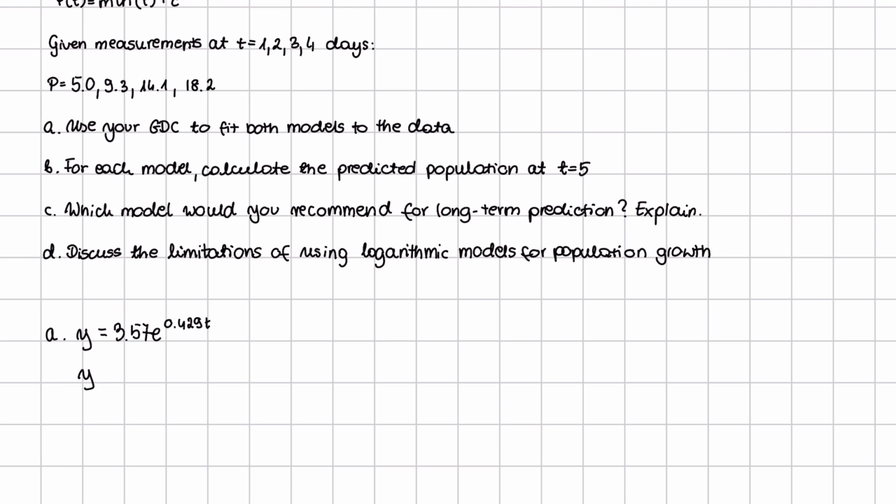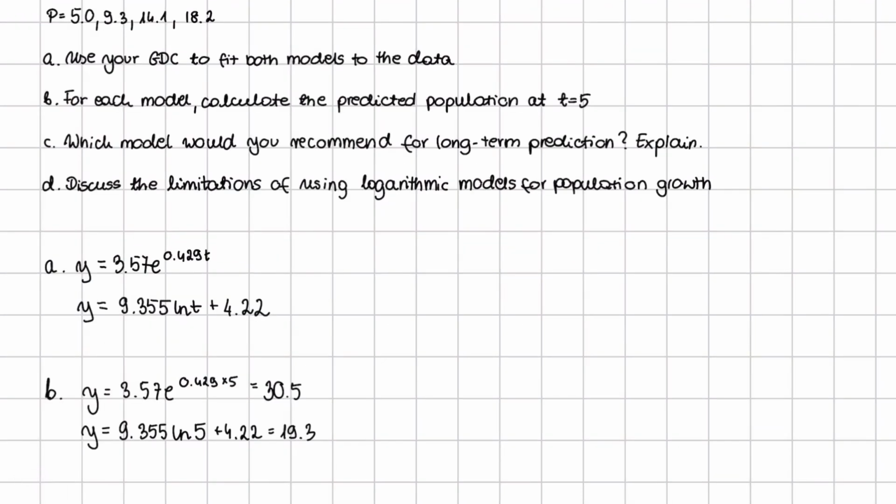So we have 9.355 times natural logarithm of t, plus 4.22, and that's all. Then in B we have to calculate the predicted population at t equals 5 for each model. So all we need to do is just to substitute 5 as t. So these are our answers.